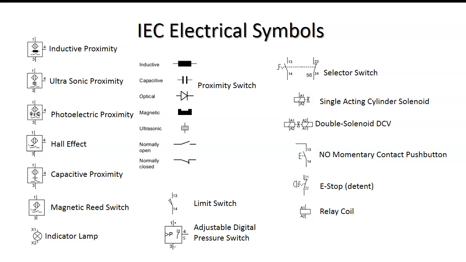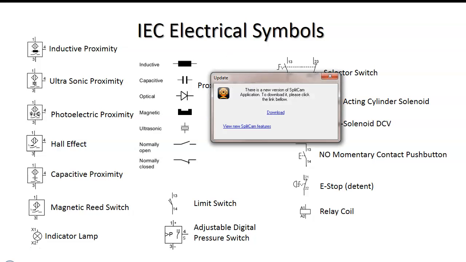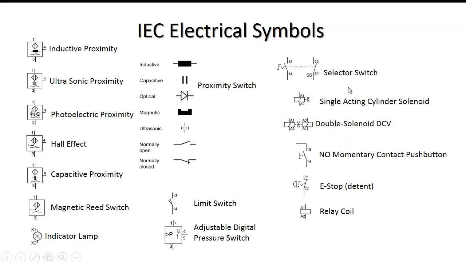This is a pressure switch. Single pole, double throw. Can you see the little symbol right there? This is probably going to be a 4-wire sensor, even though they don't show the other wires, so they must not be connected. I'll blow these up and make them bigger, and I'll put them up on the website, so you can see more detail on what type of sensor they actually are.